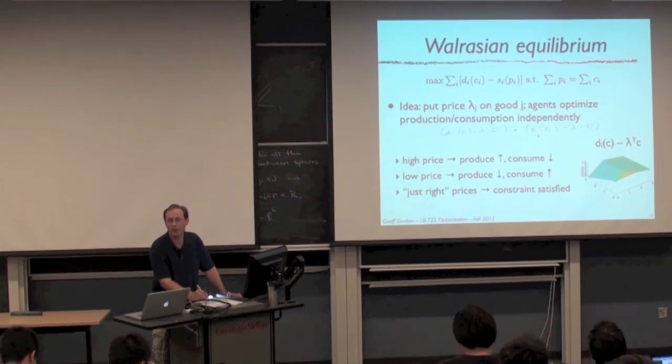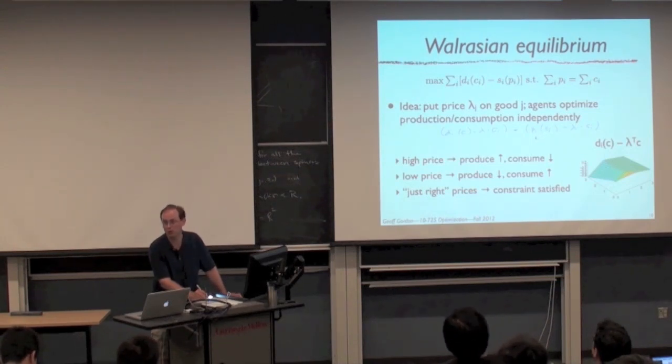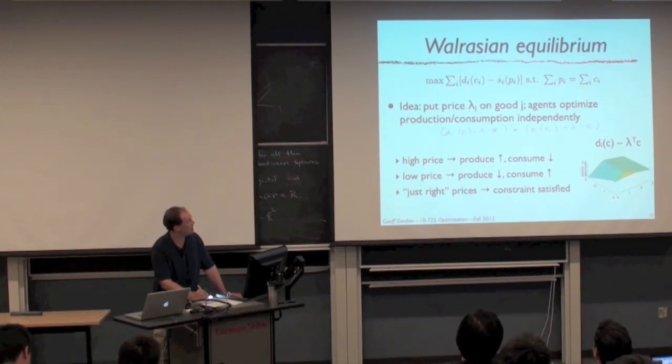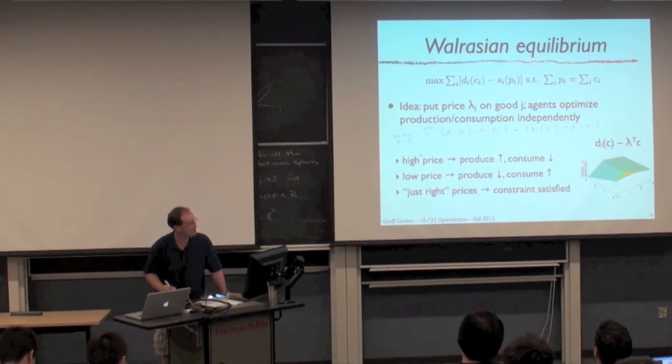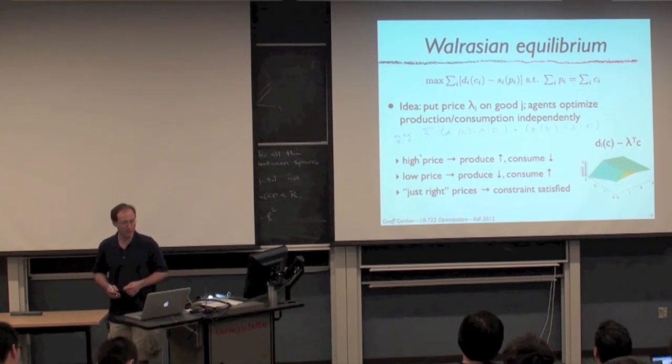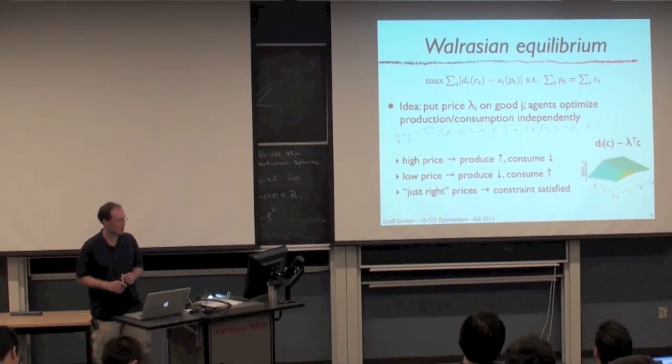And I'm going to now drop the constraint that supply has to equal demand, that production has to equal consumption. And so that means that if I optimize each of these independently, that's the same as optimizing the sum over all agents. Okay? And then this is going to be, again, a max over s_i and c_i. And now I've dropped the resource constraint.